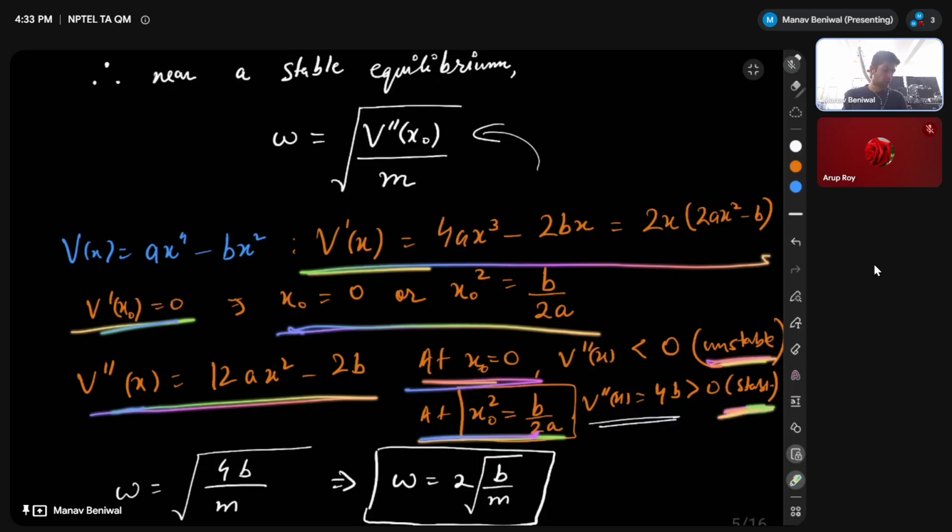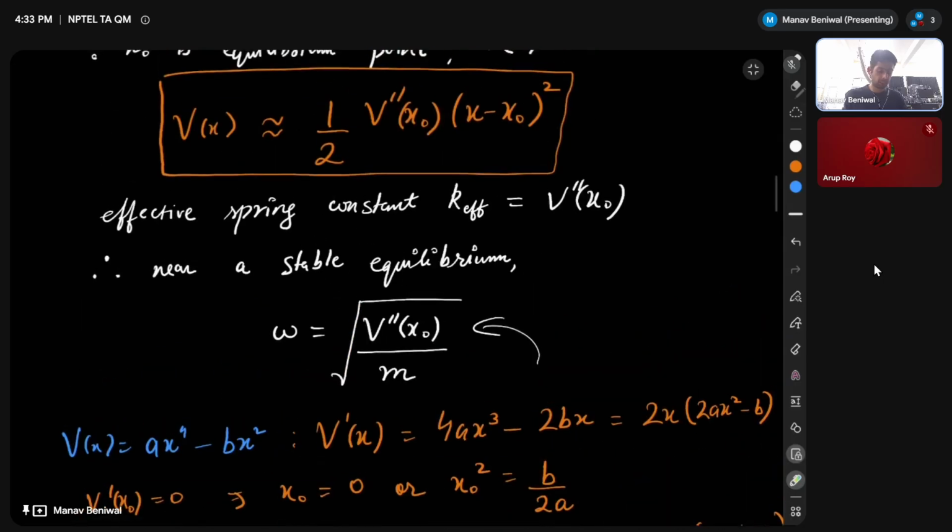Because we want the particle to oscillate about a stable equilibrium, we use the value of V double prime of x obtained at the stable equilibrium. That value is nothing but our k effective.